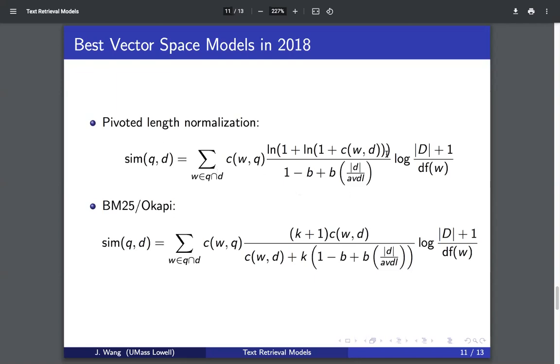As you can see here, the TF transformation for smoothing or for normalized word counts uses this function: log 1 plus log 1, then plus the word count. And for the document normalization, we use what we just mentioned. This is the IDF. So this is the pivoted length normalization.